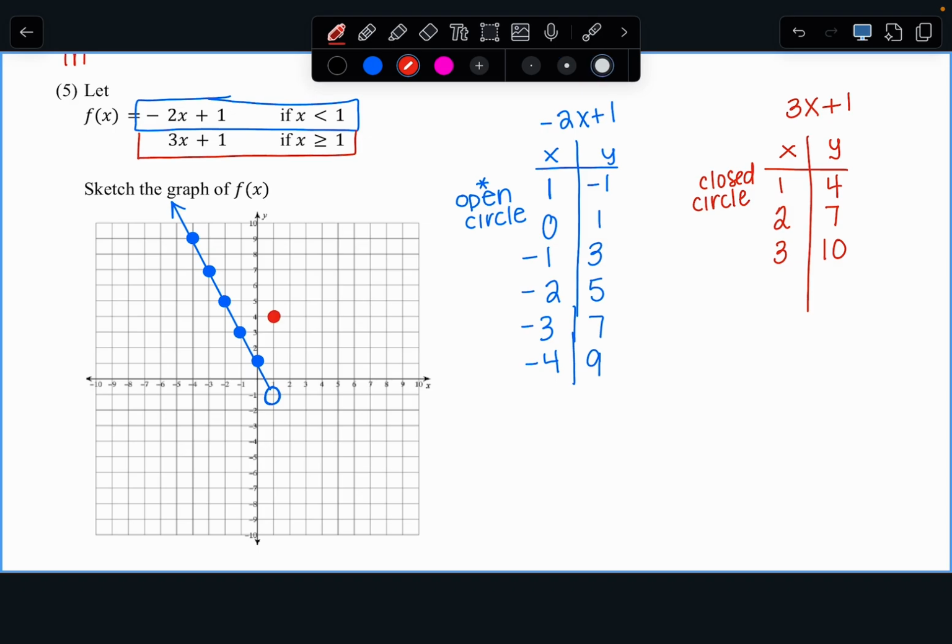And we will connect those with a nice straight line. That is what that graph looks like. Okay?